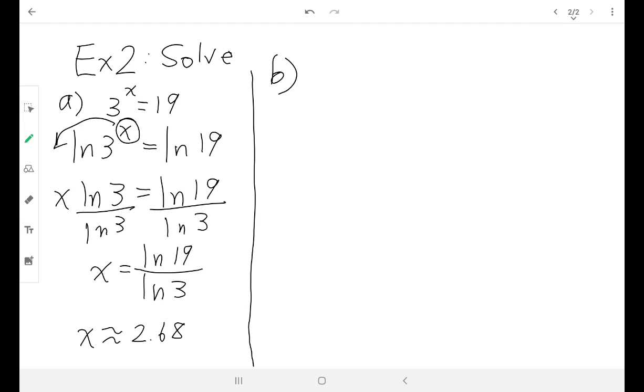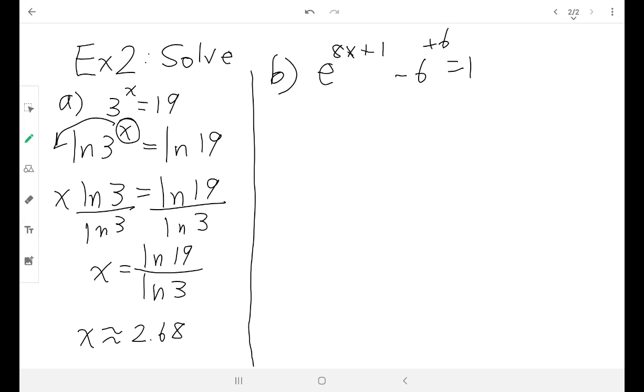Part B, let's do one that's a little more involved. e to the 8x plus 1 minus 6, 6 less than that, equals 1.